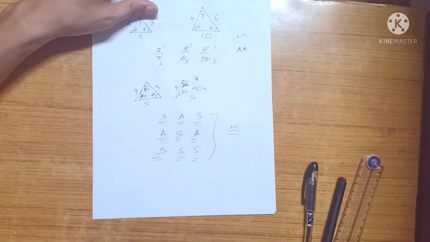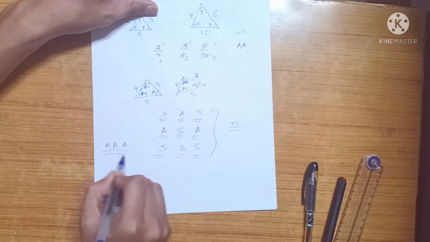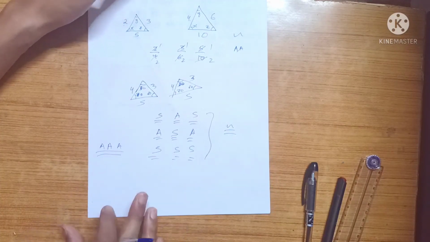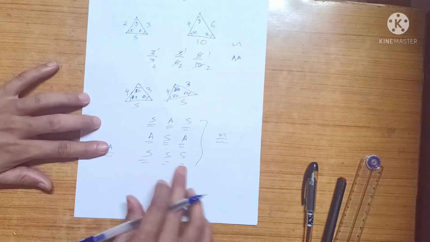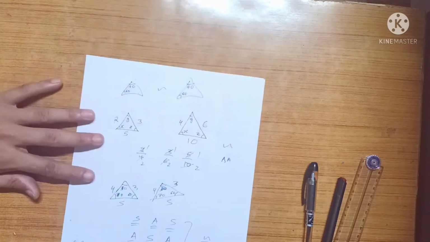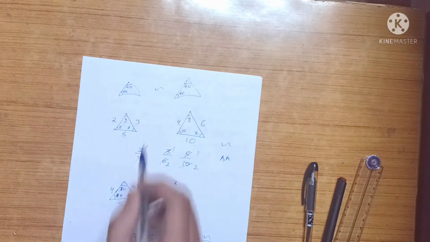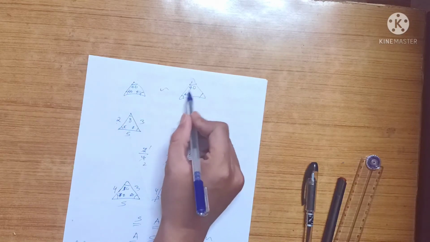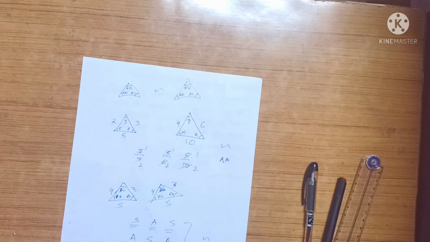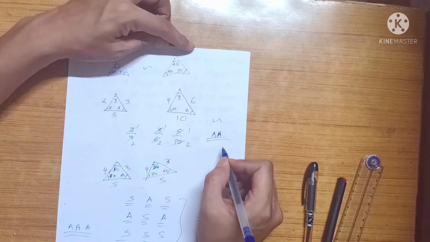In congruent triangles, remember this, there is no AA. We cannot say it's congruent unless one of the sides is included. In similar triangles, as soon as we see 2 angles are equal, we can directly say it's similar, because 2 angles equal means the third angle, 180 minus these 2 added together, would be 50. Here also 180 minus, so the third angle will automatically become the same. So showing 2 angles is enough for similar triangles.